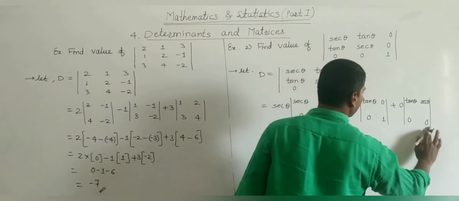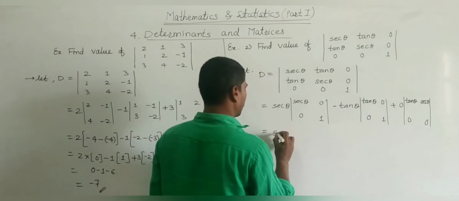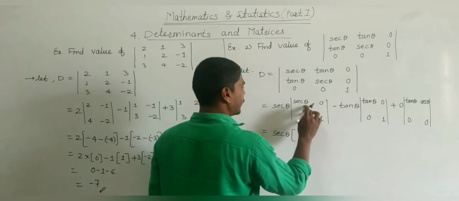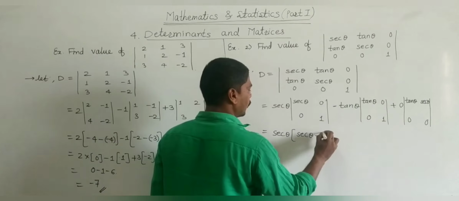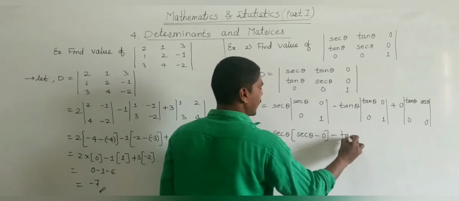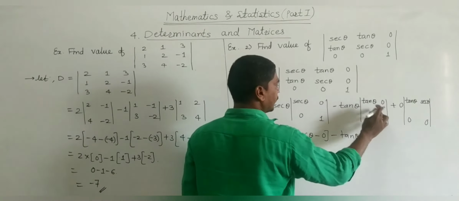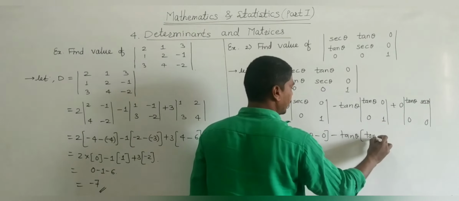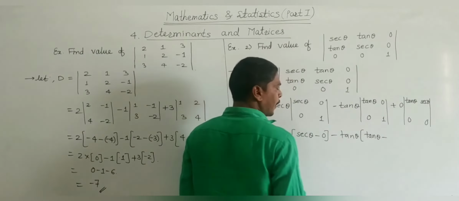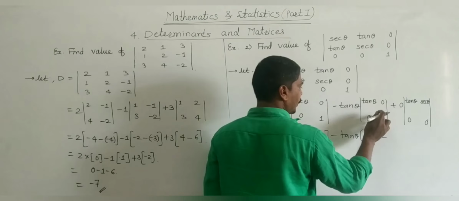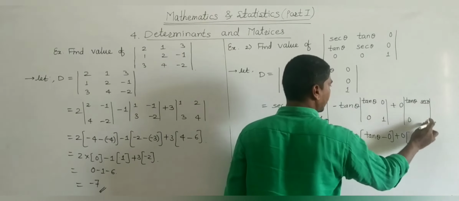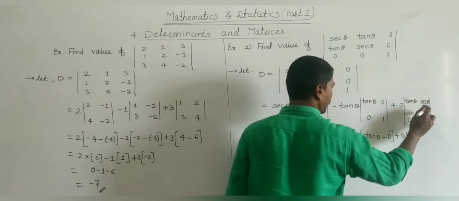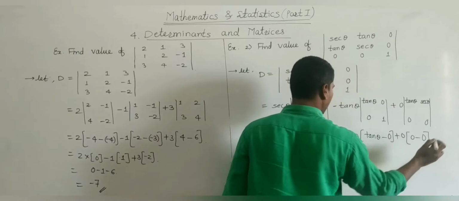And now simplify this. We get sec theta into bracket, sec theta into 1 is sec theta, minus 0 into 0 is 0, minus tan theta into bracket, tan theta into 1 is tan theta. In between the minus sign is always there, 0 into 0 is 0, plus 0 into bracket, tan theta into 0 is 0, minus 0 into sec theta becomes 0.